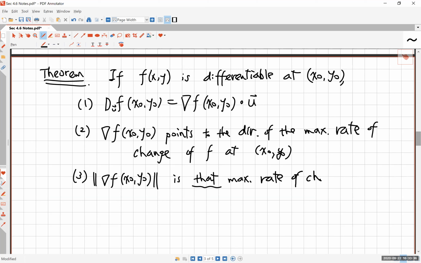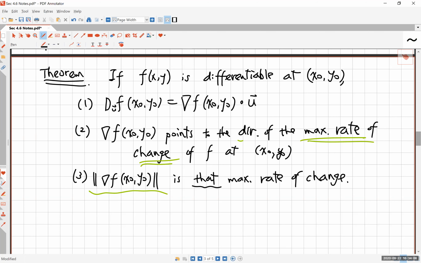The reference here is in part 2, where I said the gradient points to the direction of the maximum rate of change, right? And what is the numerical value of that maximum rate of change at x naught, y naught? Is it like 10 or 20 or what? Well, that maximum rate is the magnitude of the gradient, okay?